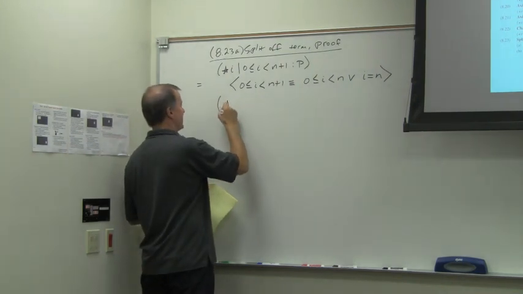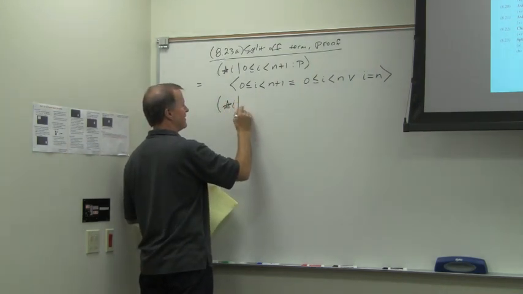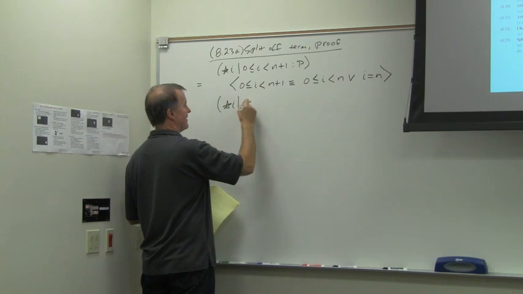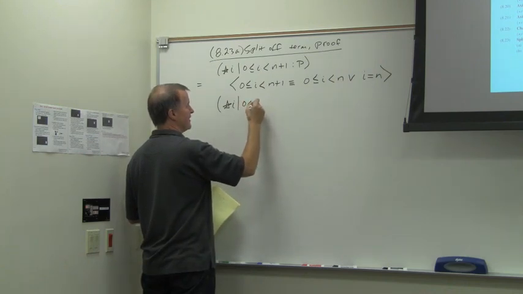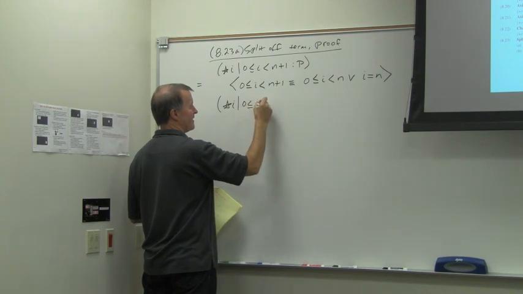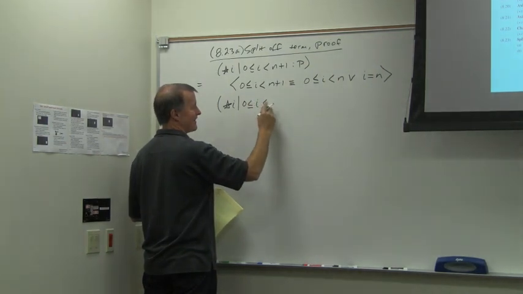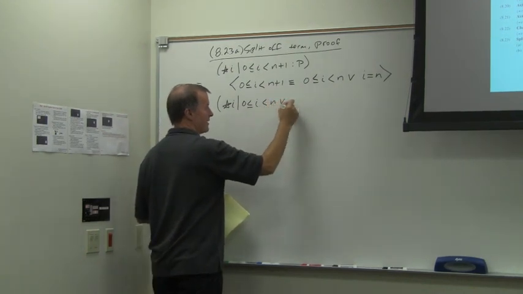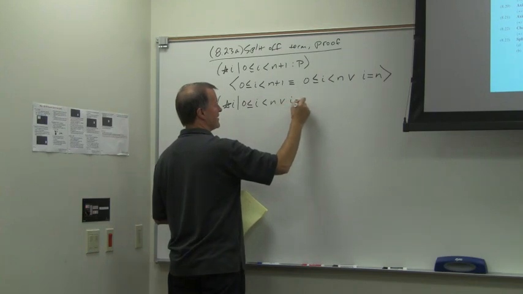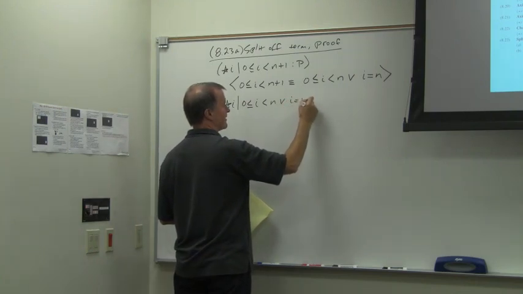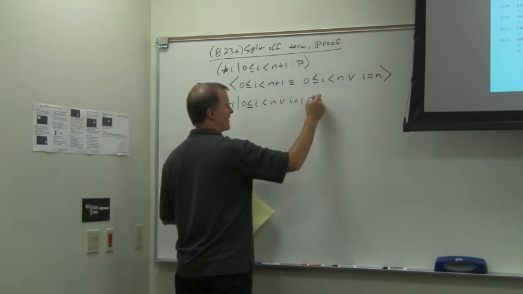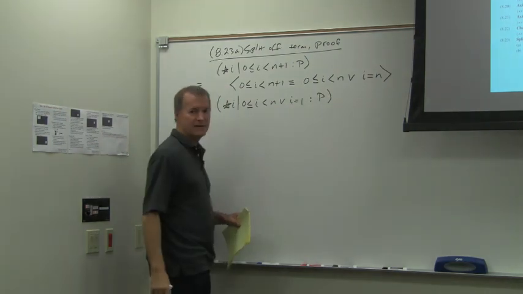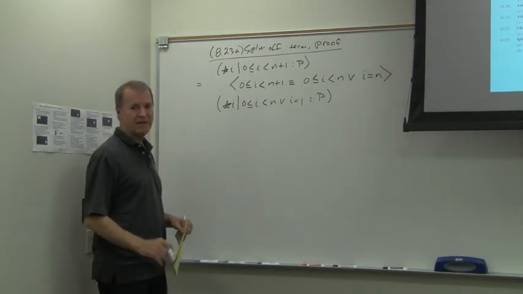Okay, good, Michelle. So star I, range 0 less than or equal to I, less than n, or I equals n, body P. We're trying to prove split off term by using split off term.